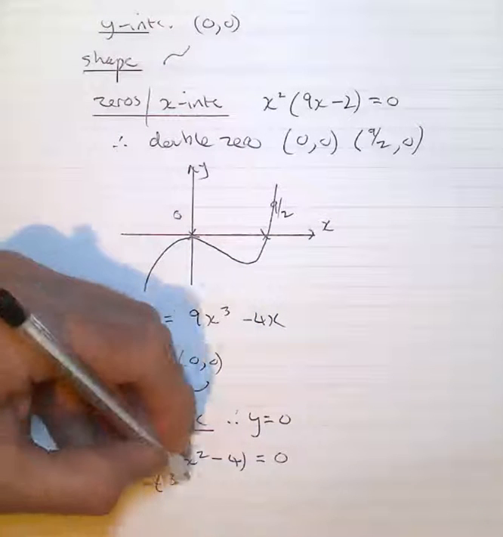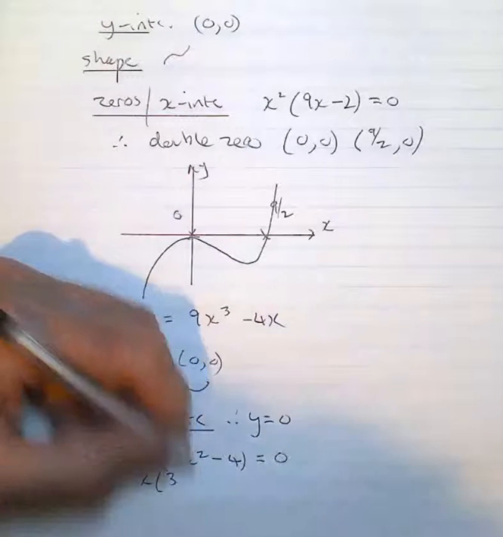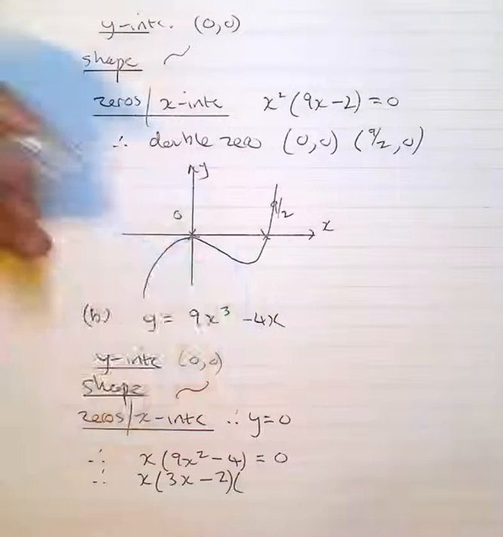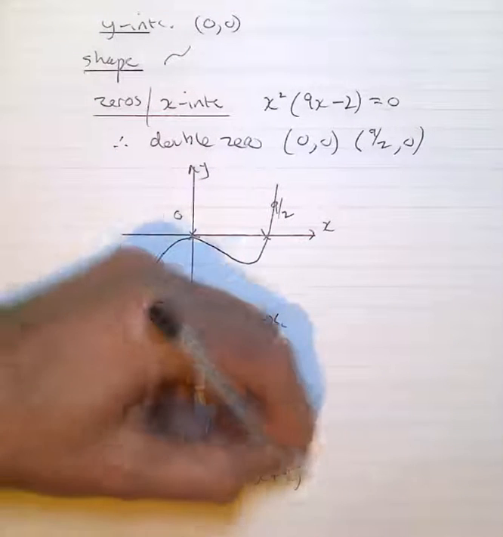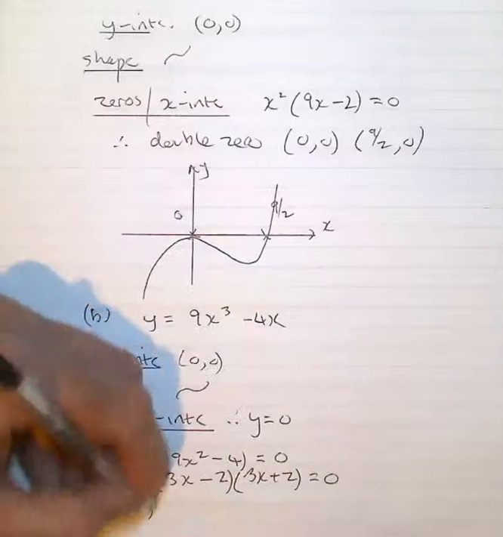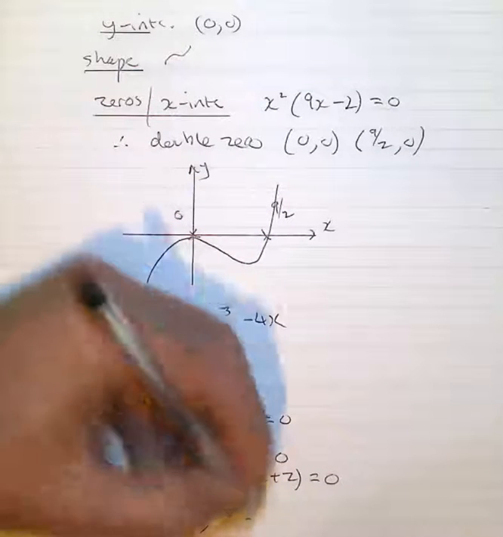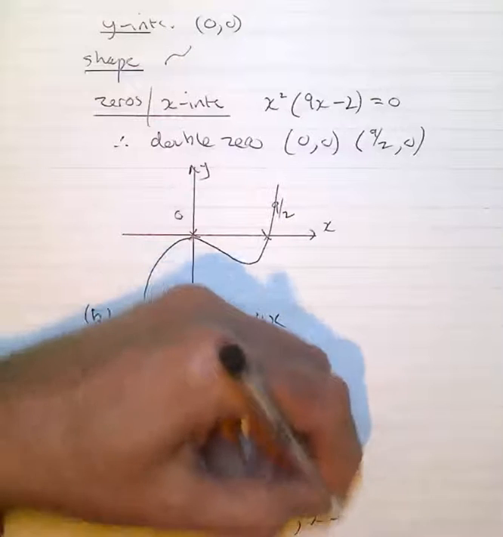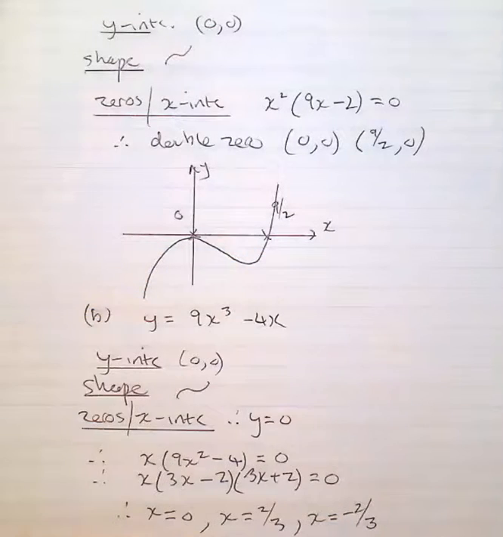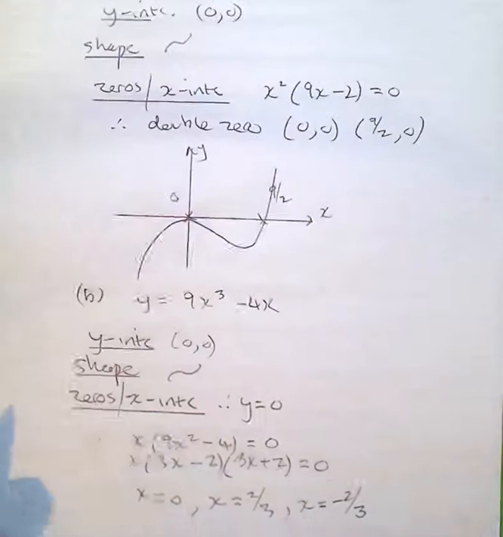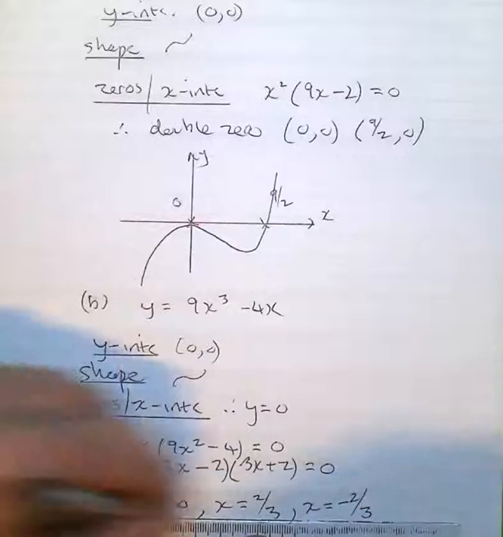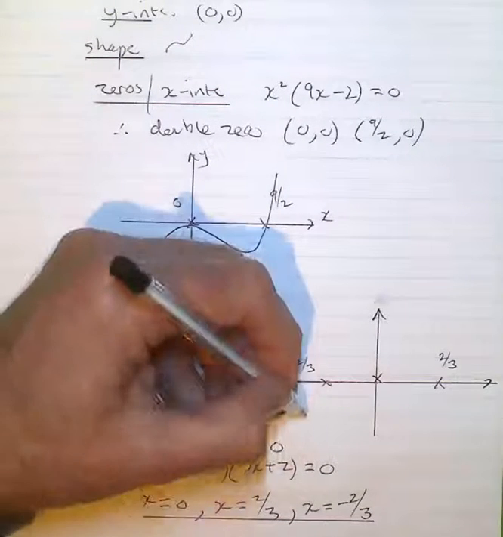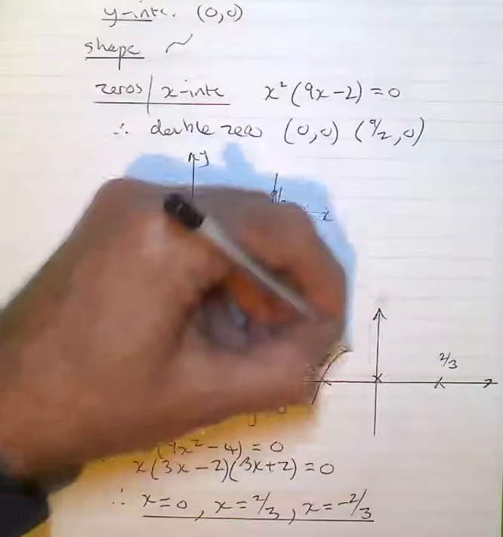Now very quickly, I can find the fact that this is a difference of two squares to help me there. And I've got enough information in order to perform the graph sketching. So my graph will look like so.